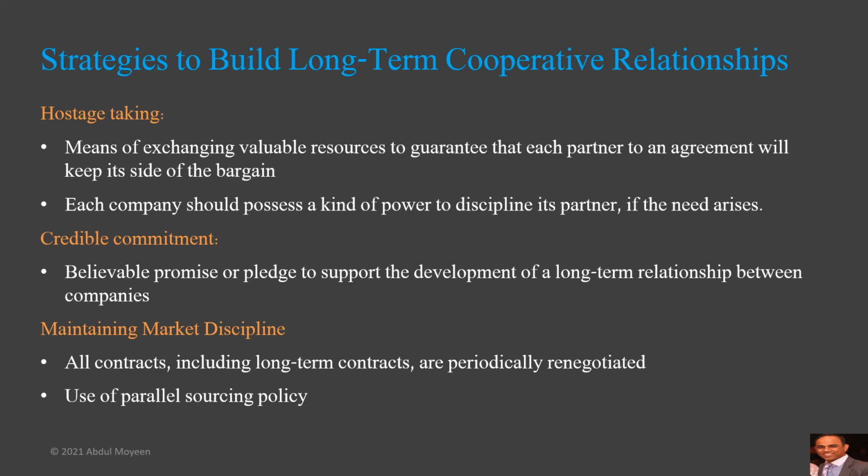A credible commitment is a believable commitment, promise or pledge to support the development of a long-term relationship between companies. For example, by publicly committing itself to a long-term contract and putting some money into the chip development process, IBM made a credible commitment that it would continue to purchase chips from GE. When a company violates a credible commitment with its partners, the results can be dramatic.